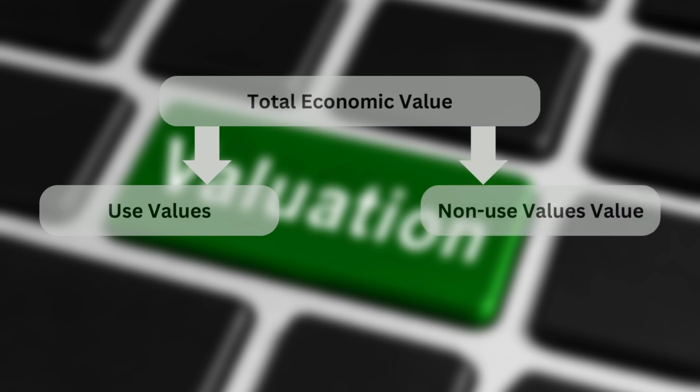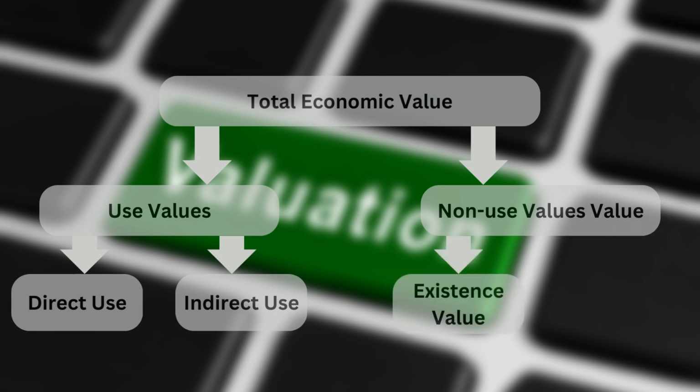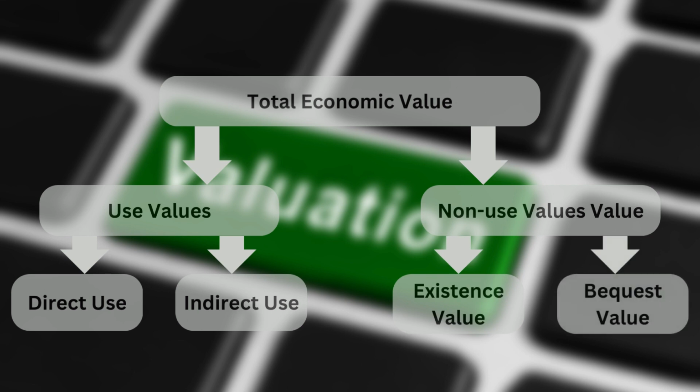Now, in between use value and non-use value is a term called option value. Use values can be segregated further into two important types: direct use value and indirect use values, whereas non-use values can be segregated further into existence value and bequest value. We will discuss more about this in our discussion today.